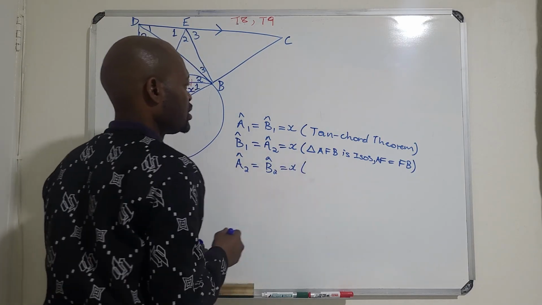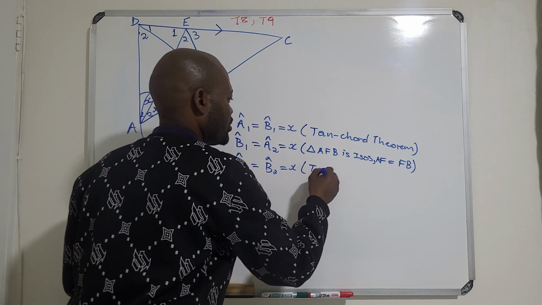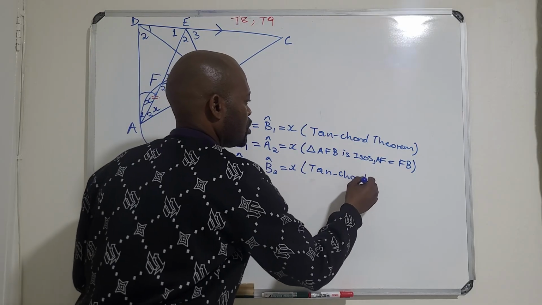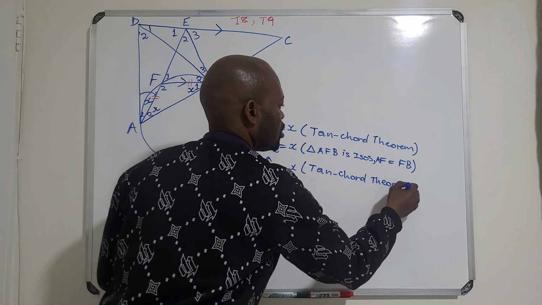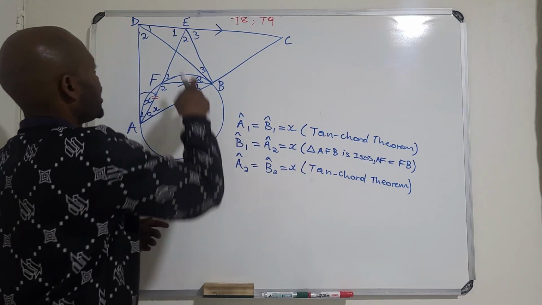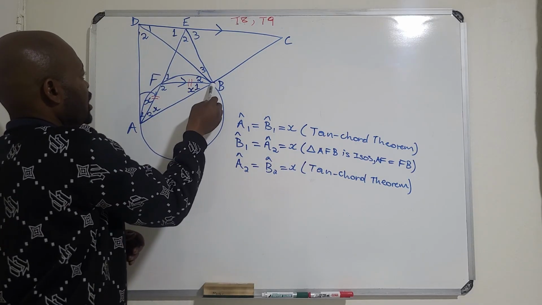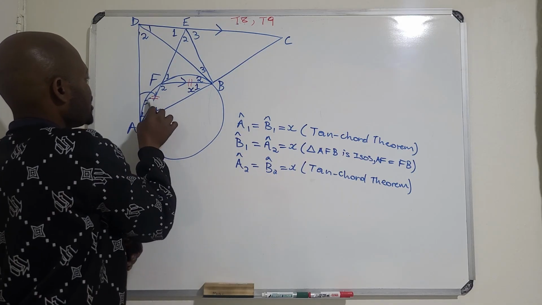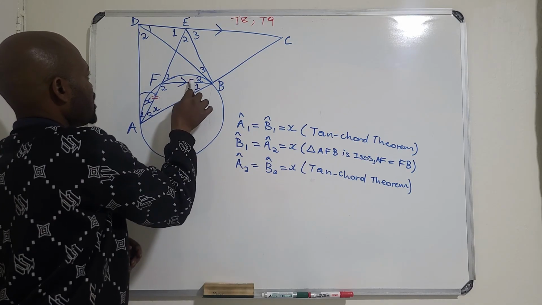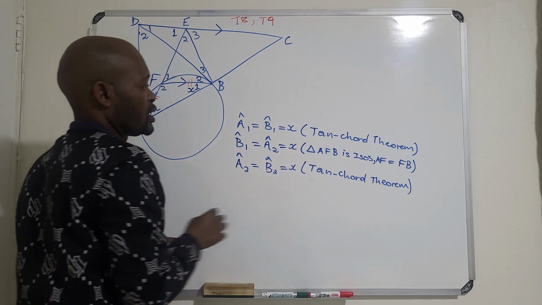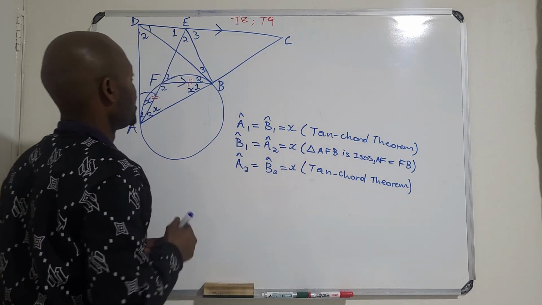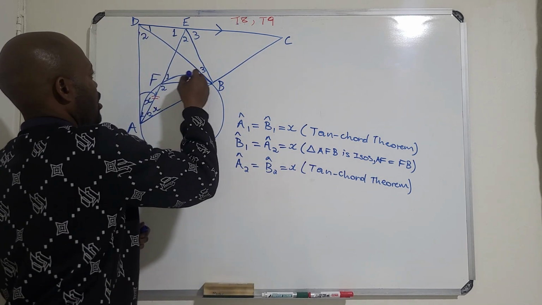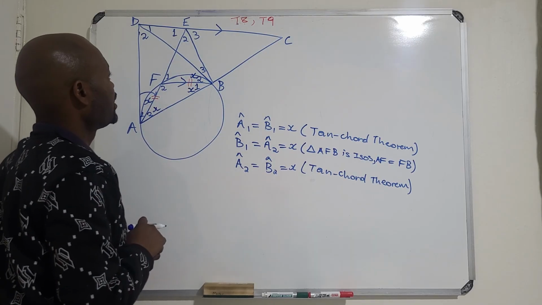Reason: it's still the tan chord theorem, because we have a tangent making an angle with the chord, and this chord subtends this angle. Therefore, this angle is equal to that angle. There's another x that we have there.